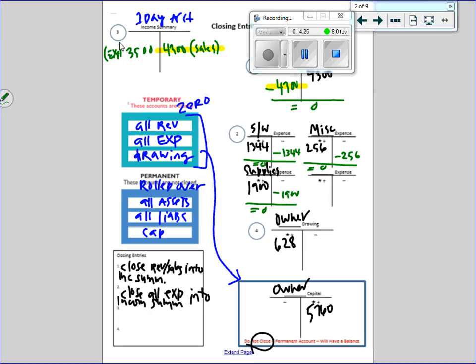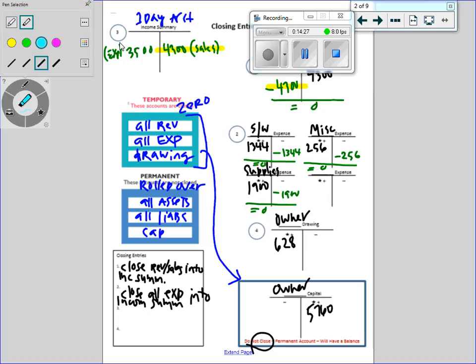Now I'm going to grab my highlighter. I'll maybe switch it up. It's up to you. But I've got 1 debit, 3 credits that I'm simply going to journalize.